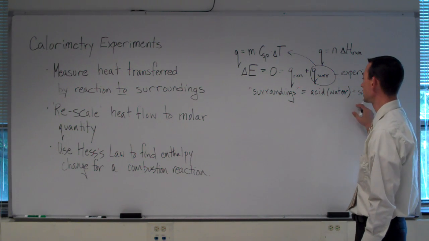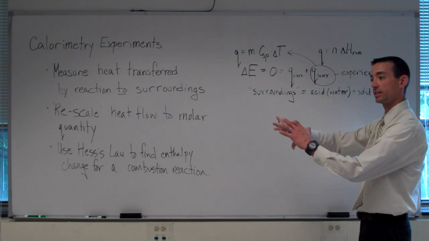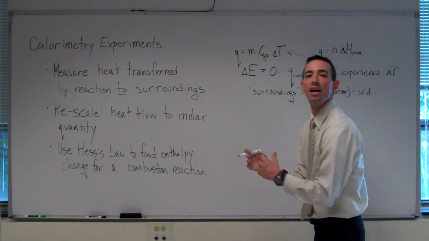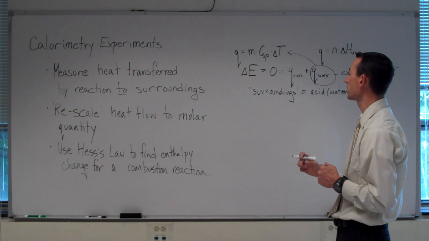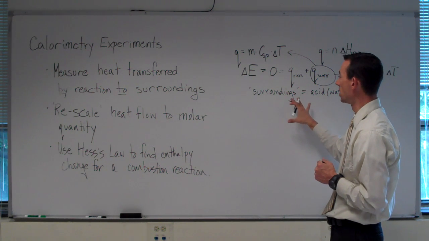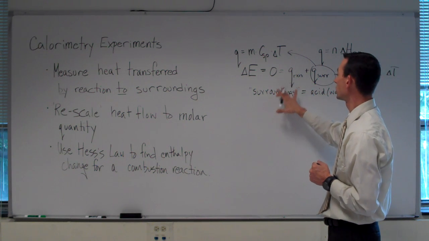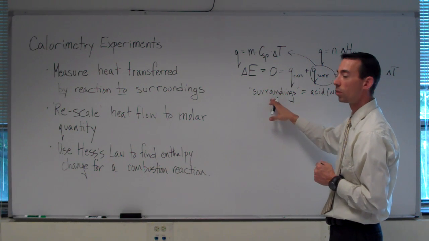Okay? So you'll need to keep that in mind. The reaction is really an invisible thing. It's a reaction occurring at the molecular level inside the liquid contents of the calorimeter, and it's going to produce or absorb energy, which would then go to or be coming from the surroundings.